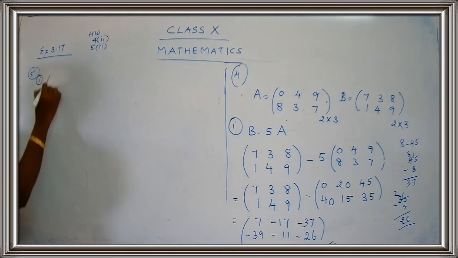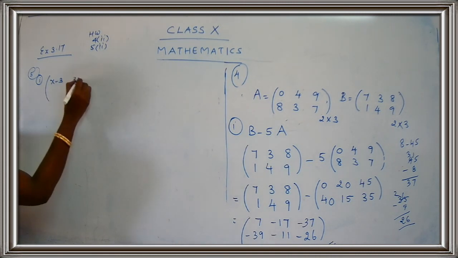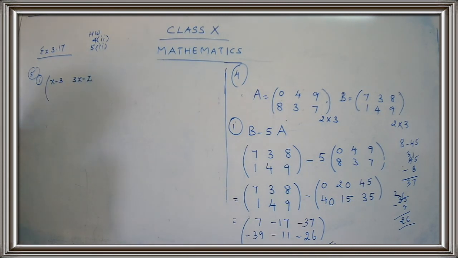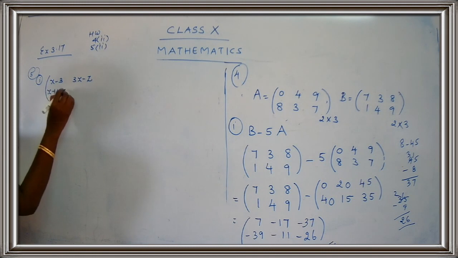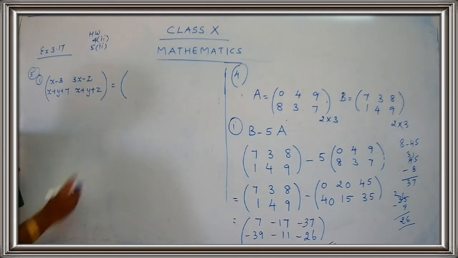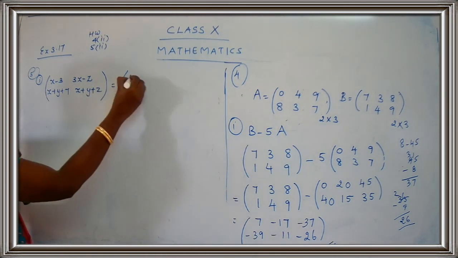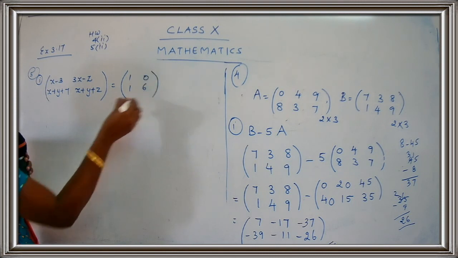It's x minus 3, 3x minus z, x plus y plus 7, x plus y plus z, and this is equal to 1016.